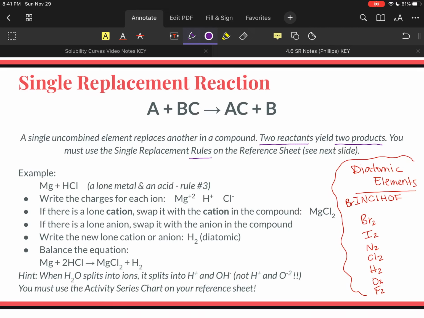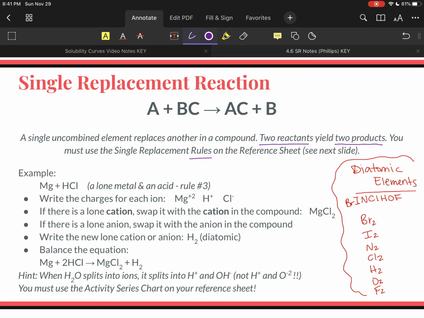Like for example, calcium reacted vigorously with water as well as with acid, lots of bubbles and a very bright pink color immediately. Whereas aluminum or iron, some of the other metals, they weren't quite as reactive as calcium. And so you should have been able to put those in order of how reactive they are.